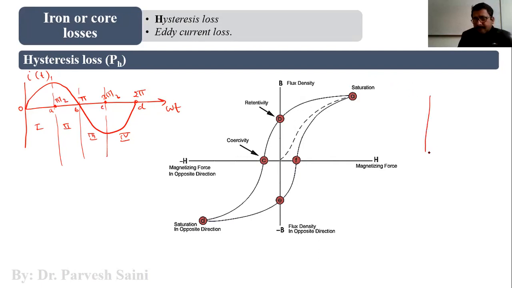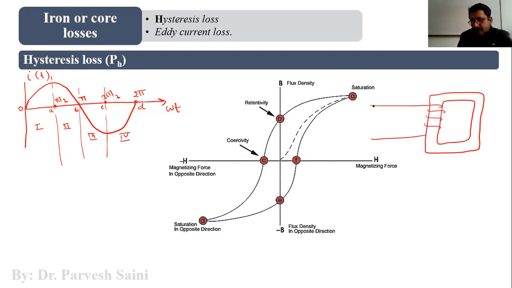Now let us take an example of the iron core. Now you have connected an AC source here, and this is the secondary. Okay, so some current I, and let us say the voltage here is V1, and induced EMF here is E1, and here the induced EMF is E2, right?